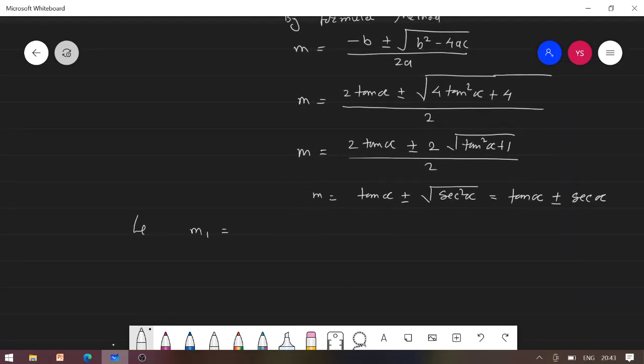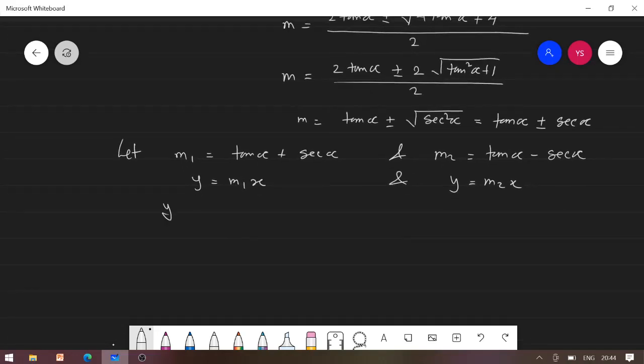Let m1 equal tan alpha plus sec alpha and m2 equal tan alpha minus sec alpha. The equation of a straight line with a given slope is y equals m1 x and y equals m2 x. Replacing m1 and m2 by their values, y equals (tan alpha plus sec alpha) x and y equals (tan alpha minus sec alpha) x.